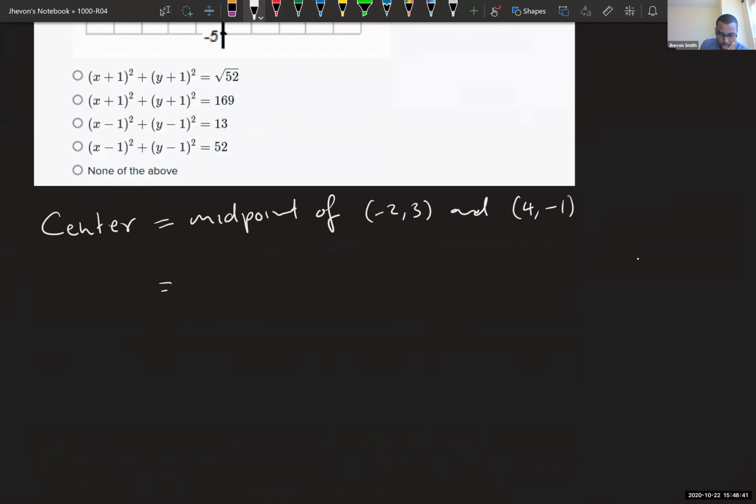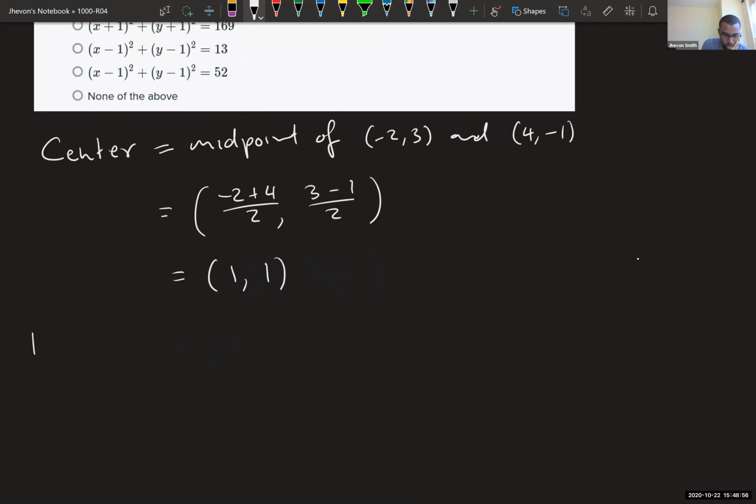So that's just going to be: you add the x's, divide by 2, comma, add the y's, divide by 2. It's going to be 2 over 2, which is 1, 2 over 2, which is 1. So the center is 1, comma 1. Now when you want to find the radius, you have a bunch of options since you know the center.